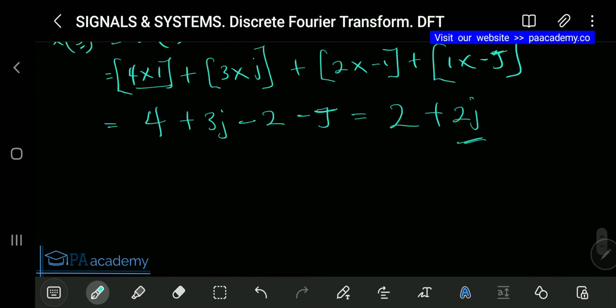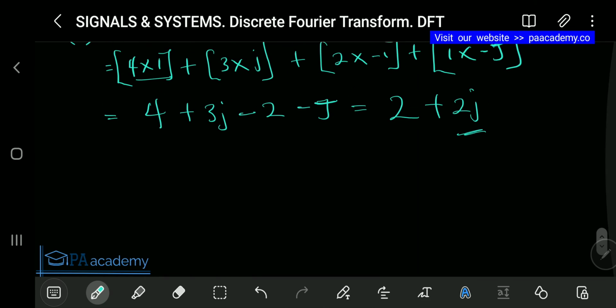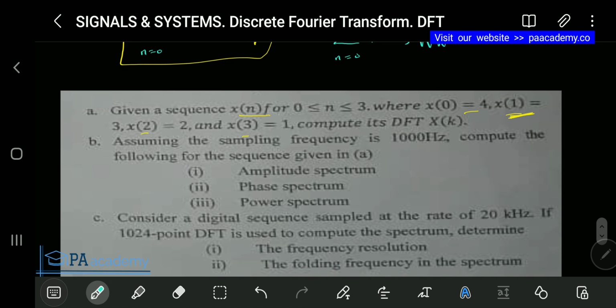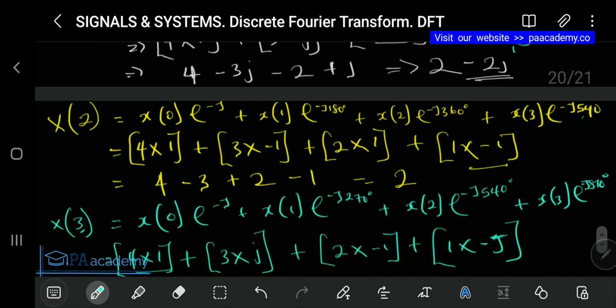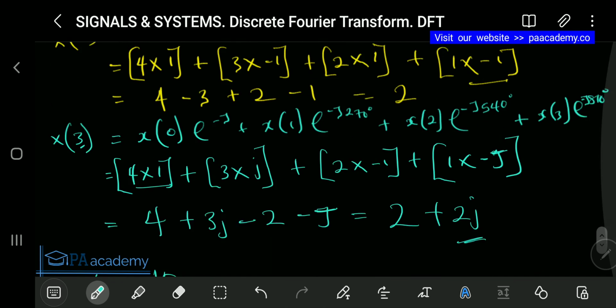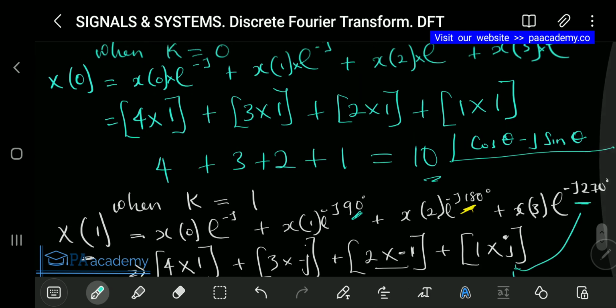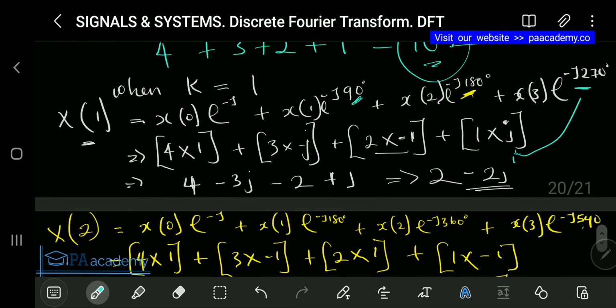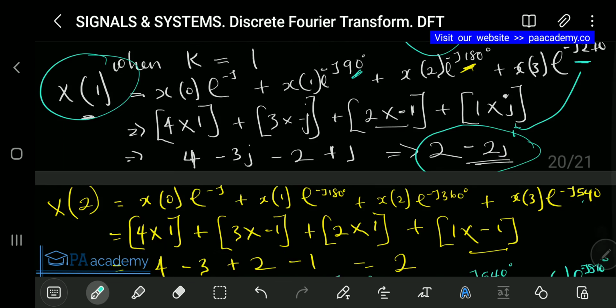So now we can conclude. Remember, let's go back to the initial question itself. It says compute its DFT, that's x of k. So if you had to compute our DFT, we can conclude that when it was x of 0, we got the answer to be 10. When it was x of 1, we got the answer to be 2 minus 2j.